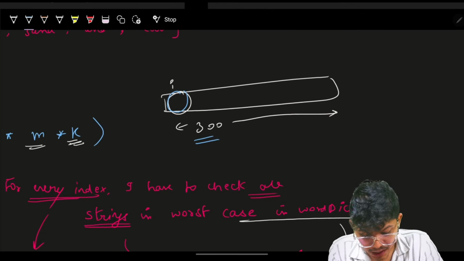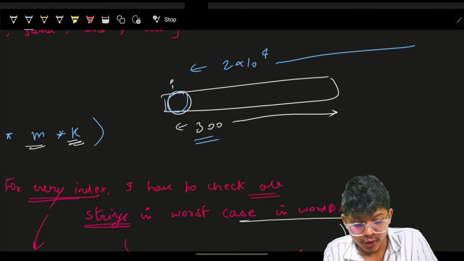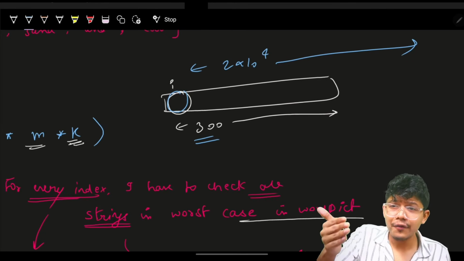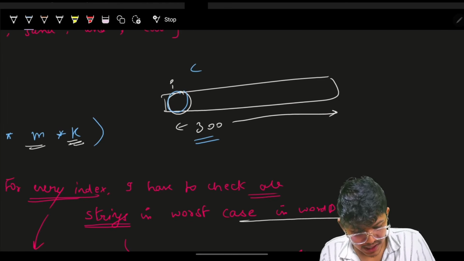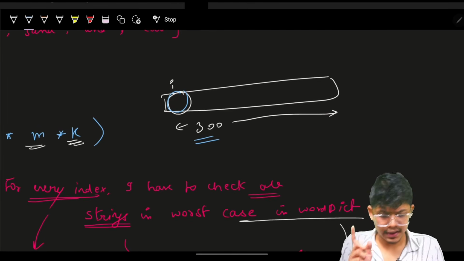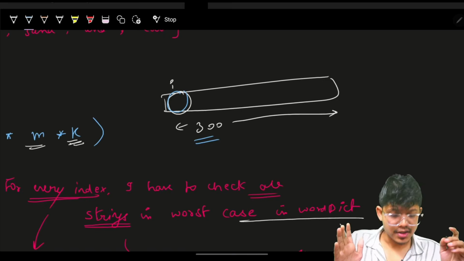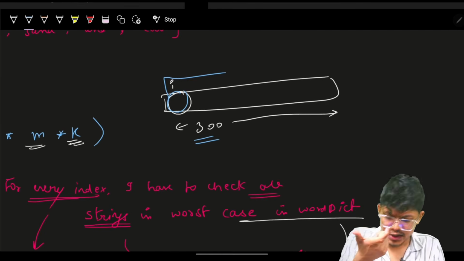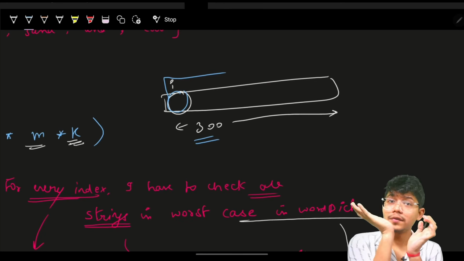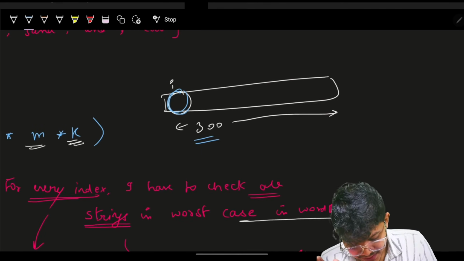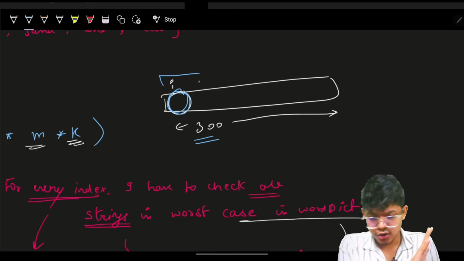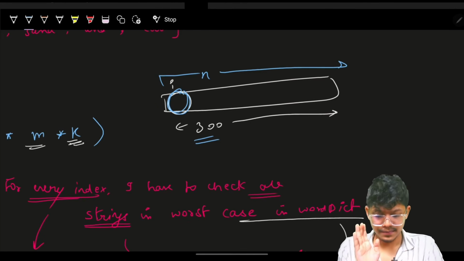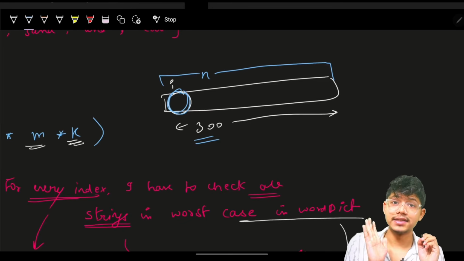Why are you doing a comparison worth 2 into 1e4? That's so obviously dumb. So I now know one thing: I'm doing way too many comparisons, which I should avoid. My length is itself 300, so I should do my comparison worth this length only. At the index I will at most do a comparison of length n. That's it, and then I'll simply end there.